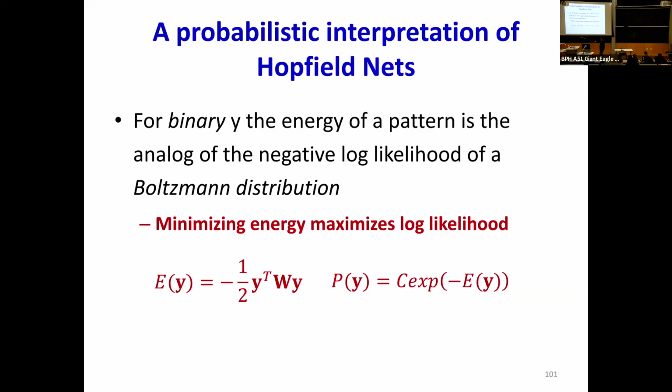If E goes down, P goes up. And then once you think of it in these terms, that the probability of any pattern is proportional to e raised to the negative energy of that pattern, then now you have converted the whole thing into a probabilistic machine where you're trying to select the pattern that has the highest probability.